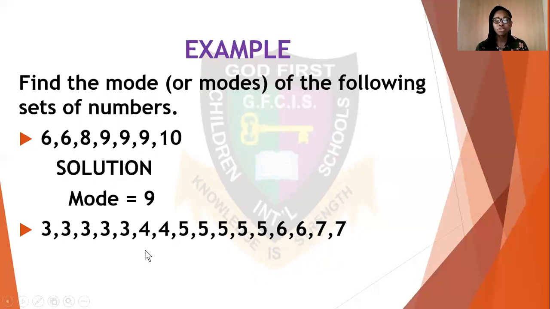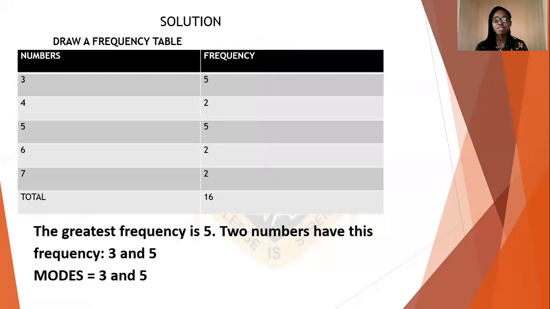Given this information, you need to construct a frequency table to know the mode. Sometimes it can give you many data, like 50 or 100 numbers, so to really know the mode, you need to construct a frequency table. So let's construct our own frequency table.